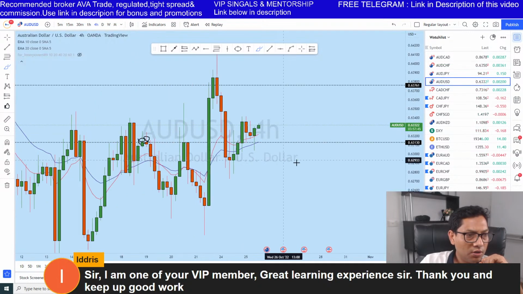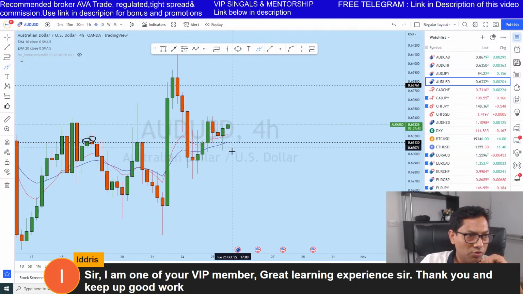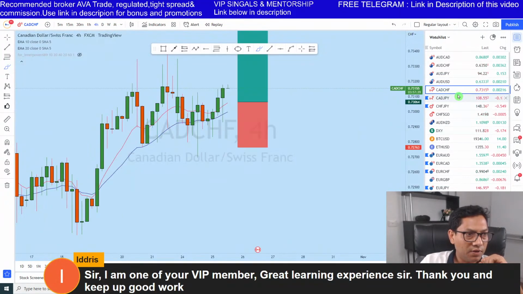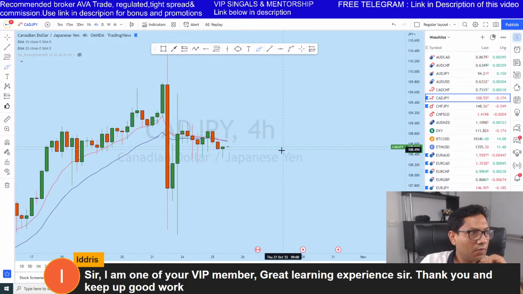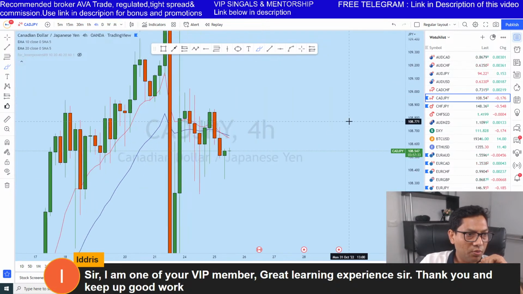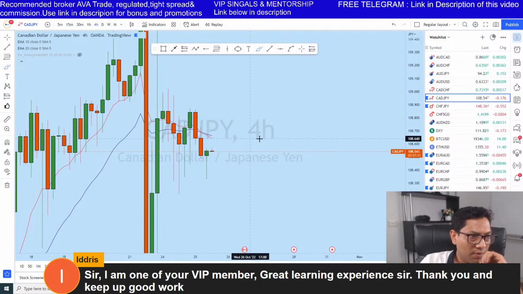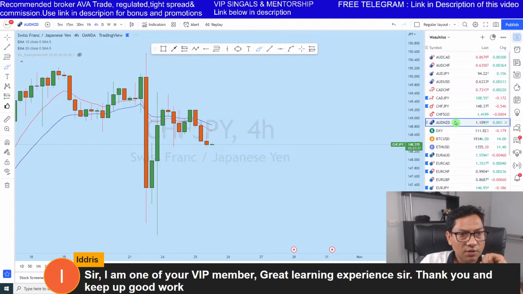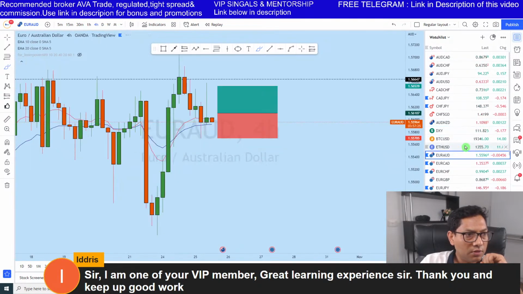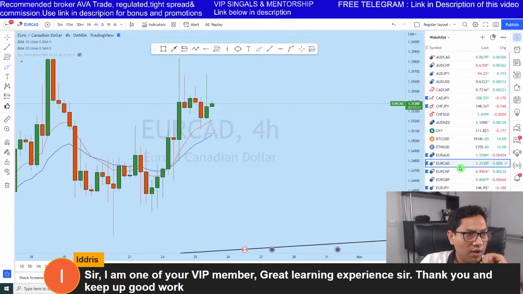Aussie dollar also has grabbed liquidity from here. CAD CHF, that's also bullish. CAD JPY, JPY a little bit stronger, but it's also created a bullish price action. Euro AUD, let's see what happened.